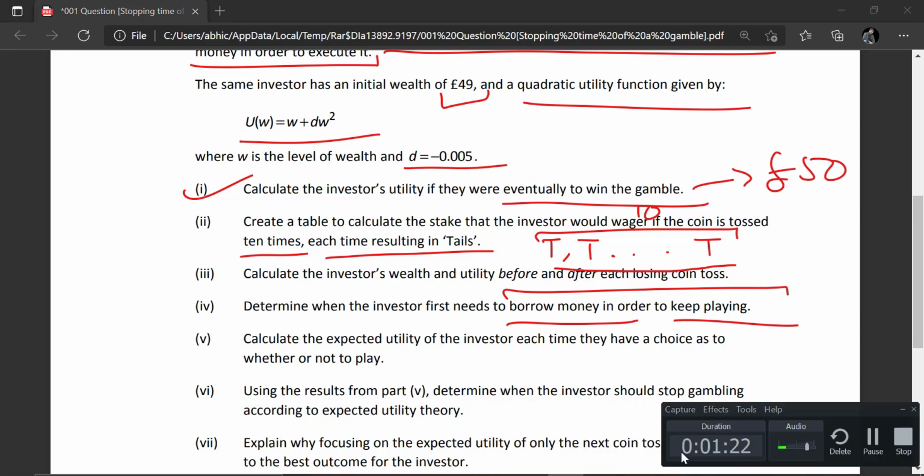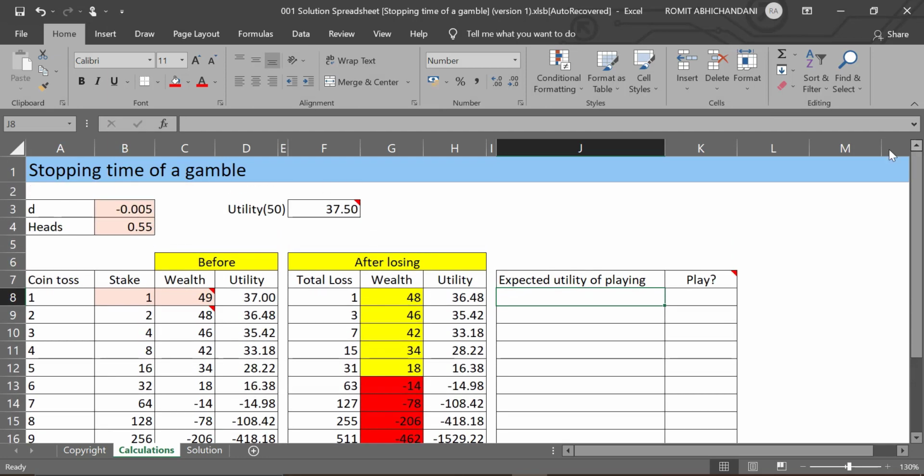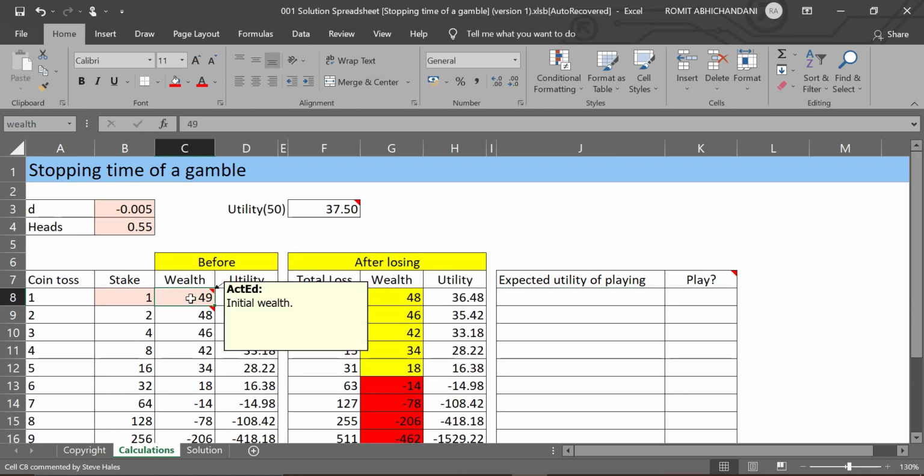Let's just see how we will do this. Okay, so in the first gamble, your wealth is 49. This is the initial wealth that you're working with, right? Now either you play the gamble or you don't play the gamble. Let's say you play the gamble and you want to find the expected utility if you play.